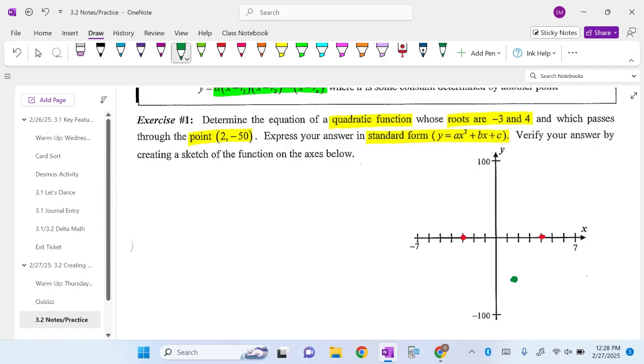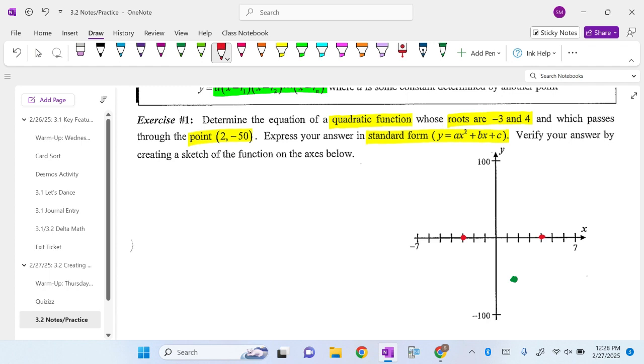All right. Given where that point is and where your roots are, do you think this parabola will open up or down? What do you think? Based off of where all 3 points are, what kind of shape does it look like it's going to form? It's going to look like it's opening up.